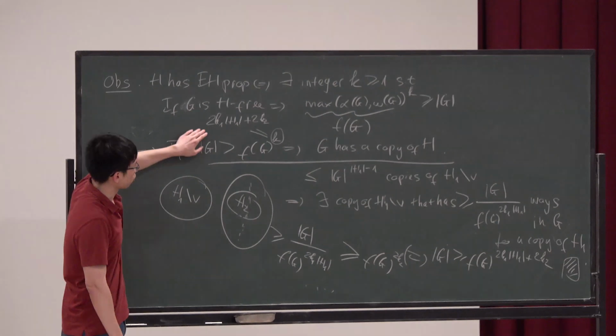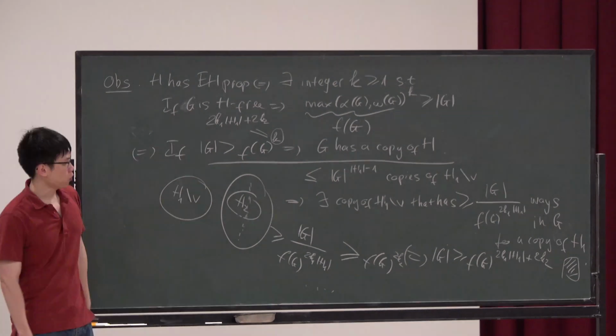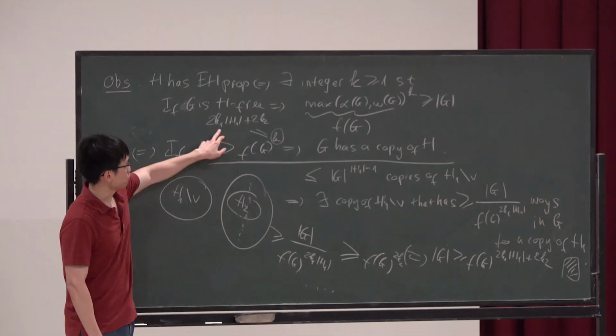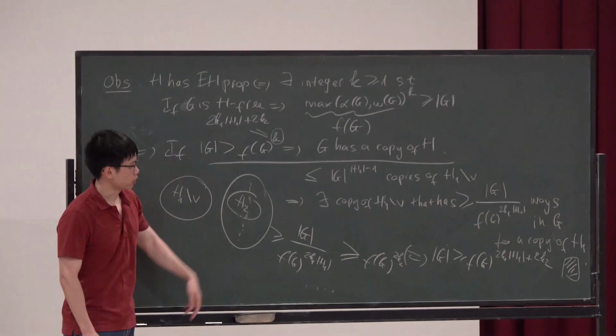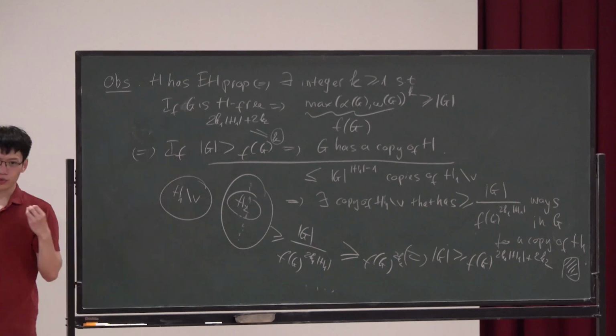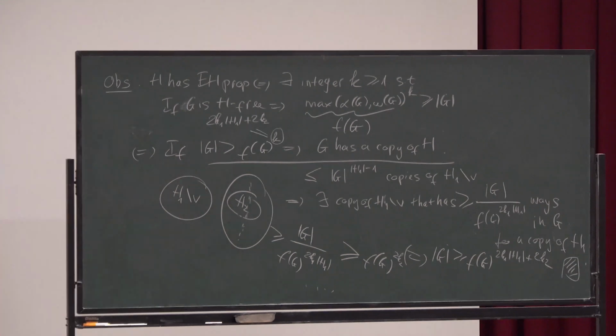So I think in general, k1 times |H1| plus k2 is the best that this proof method could give you. So the point of this result is merely to show that the Erdős-Hajnal property is preserved under substitution, but there is not much hope of optimizing the exponent.